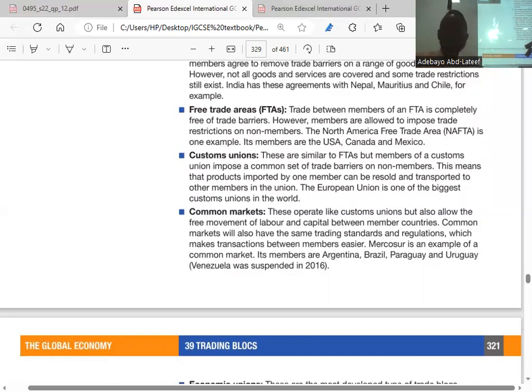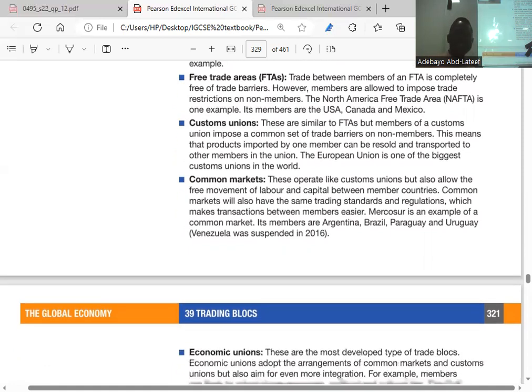But as much as the members of the trading bloc buy, we can buy from the members of the trading bloc. Do you get the logic? Let's assume Libya cannot buy from Turkey, just an assumption. But Libya is in the trading bloc with Morocco, Egypt, and Tunisia. Tunisia can buy from Turkey, so then you buy from Tunisia. Is it clear? Yes. All right.